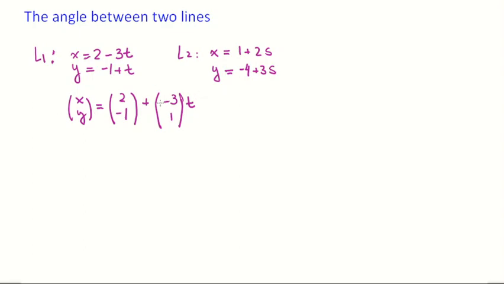So this is line 1. What about line 2? It's the same, different values but same logic. So (1, -4) plus s times (2, 3). So that's the point that we wanted to arrive at now.